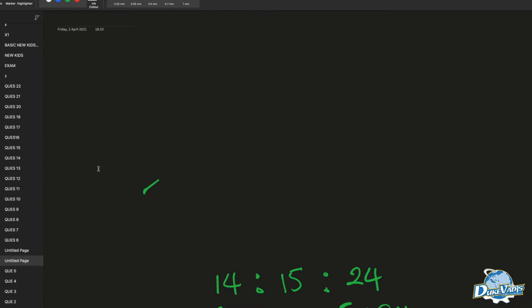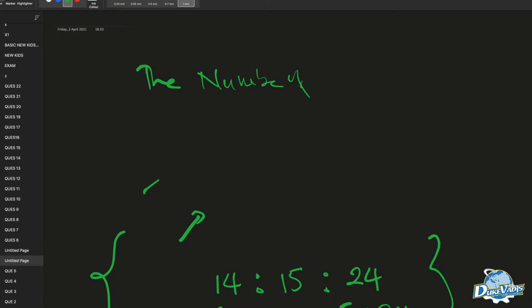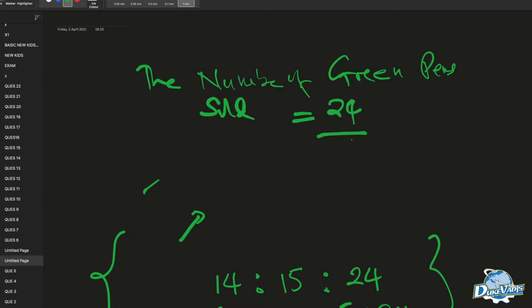So the number of green pens sold will be equal to the green, which is 24, divided by 53, times the total pens sold, which is 202.